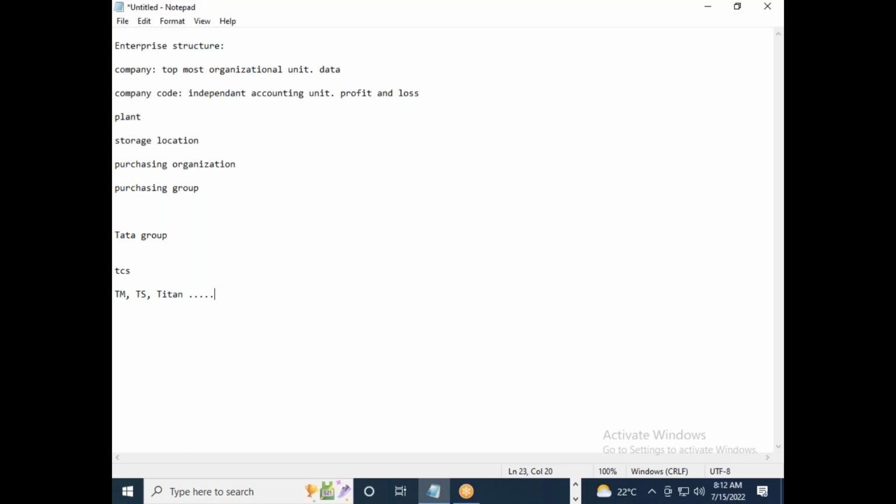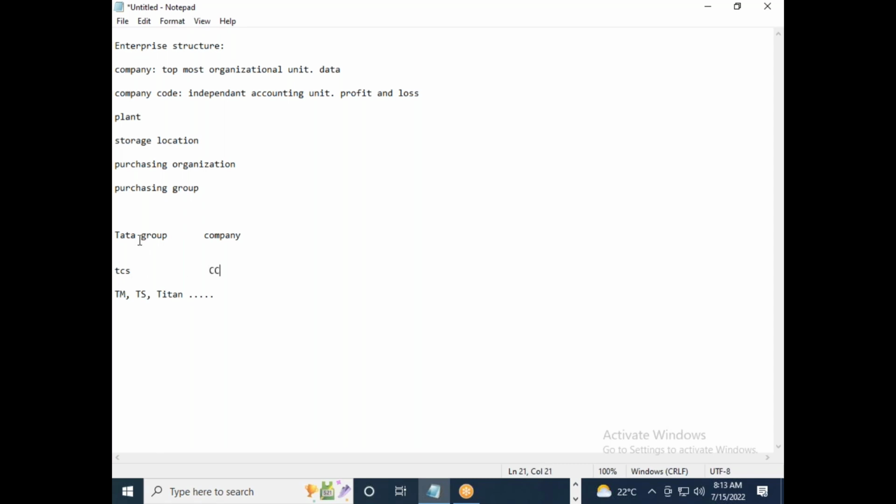So under a single Tata group, we have multiple industries. If you consider the Tata group as a company, all these organizations under it can be called company codes.